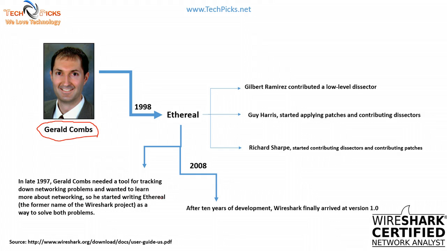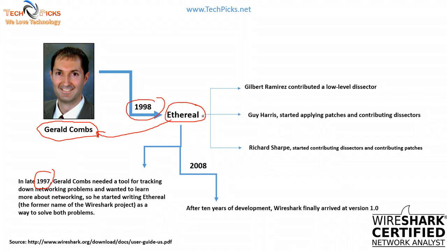So he started writing Ethereal. Ethereal was actually the very first version of Wireshark, and it was made by Gerald Combs in 1998, but in 1997 is when the idea began in his head.